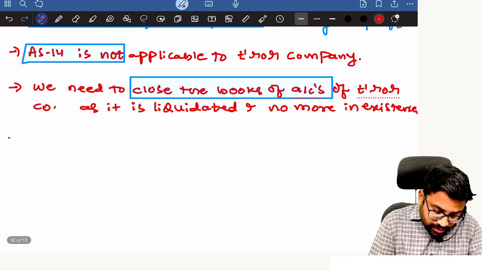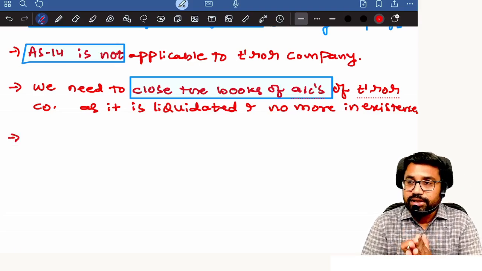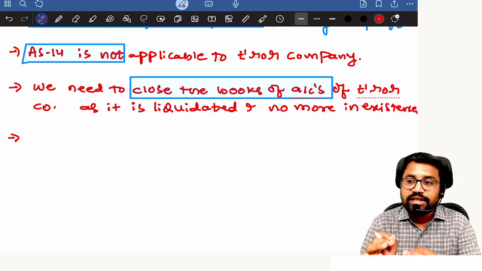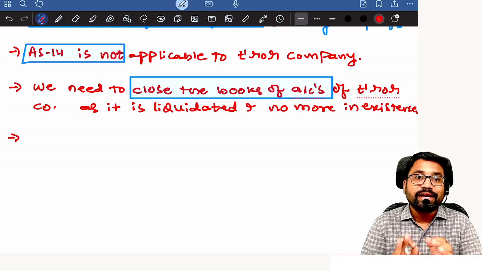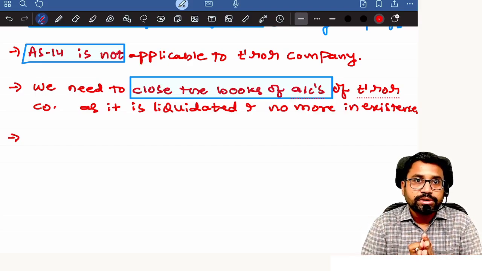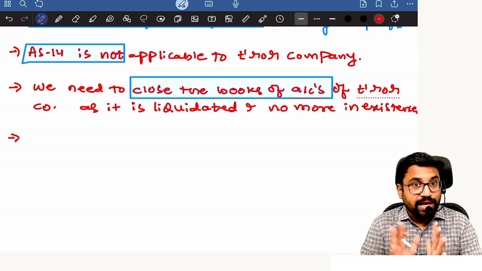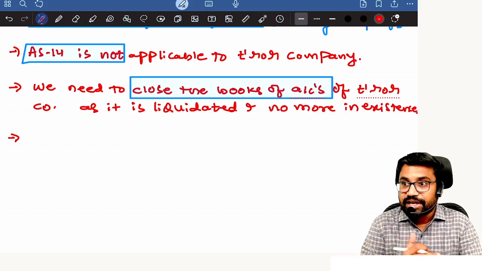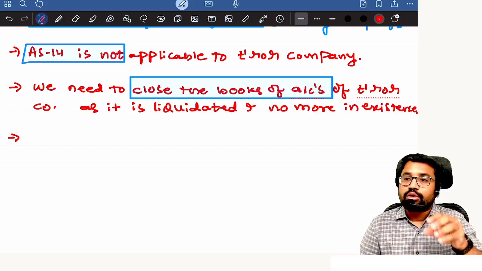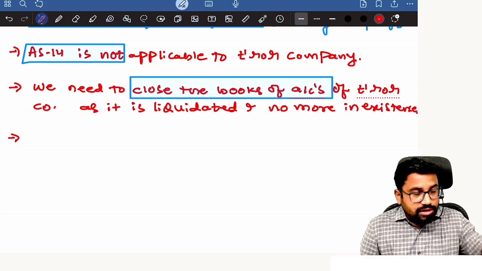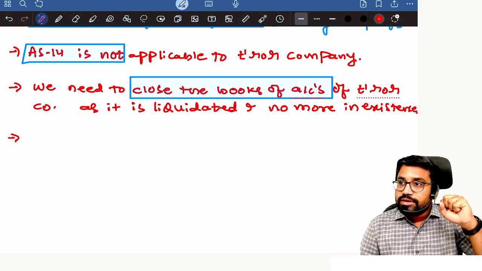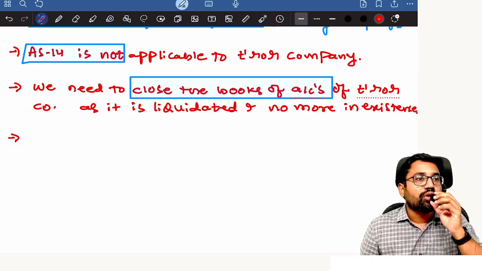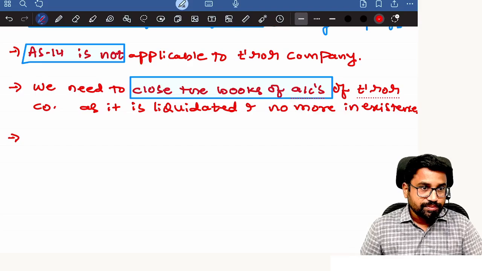Now, but here one important point you need to understand. Whenever we are closing the books of accounts, we will take the help of one account called realization account. If you observe in dissolution of partnership also, we have opened an account called realization account. Since we are closing the books of a transferor company, we will open an account called realization account.